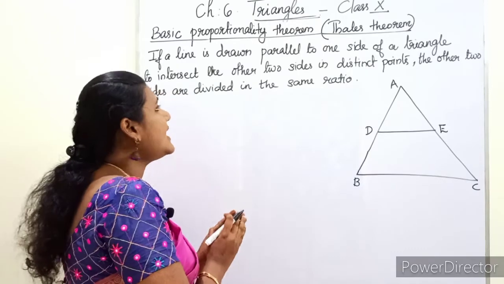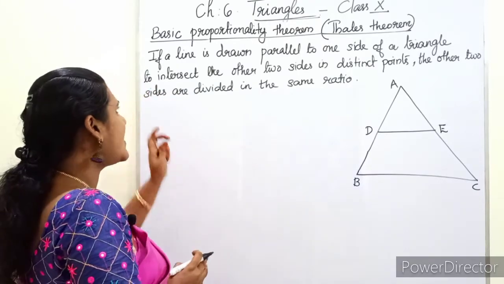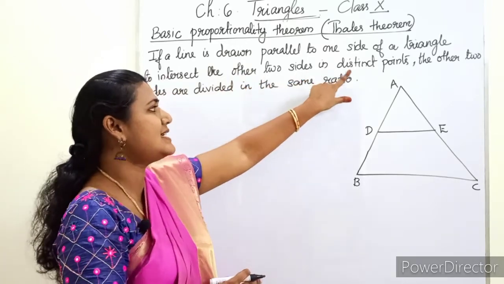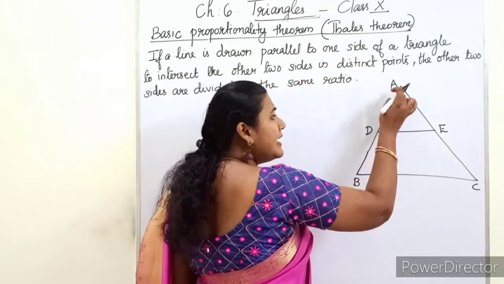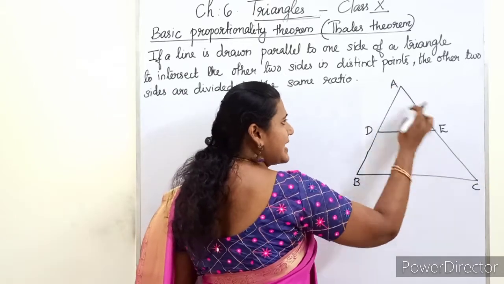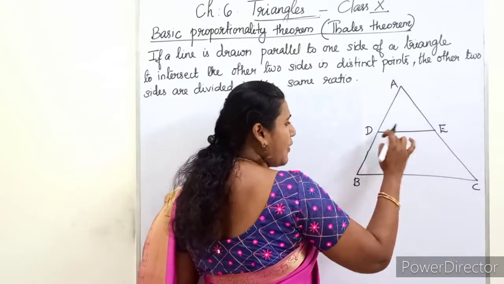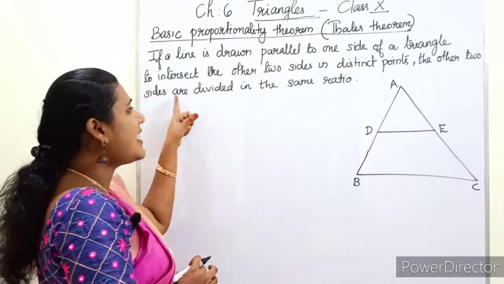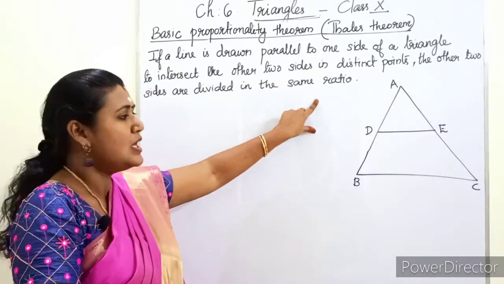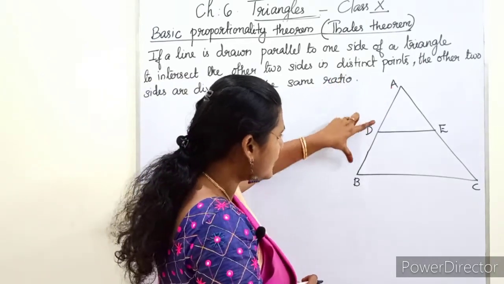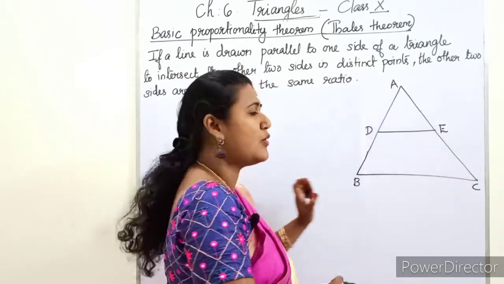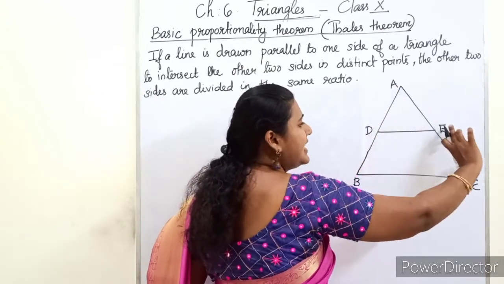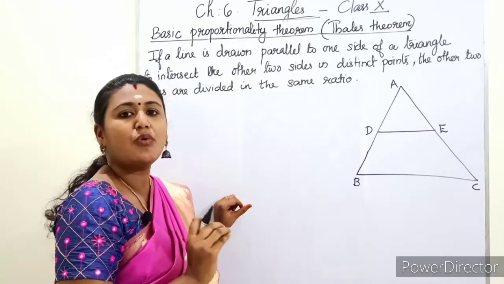This line intersects the other two sides AB and AC at the points D and E. Then the other two sides are divided in the same ratio. You have to prove that AD by DB is equal to AE by EC. This is what we have to prove.